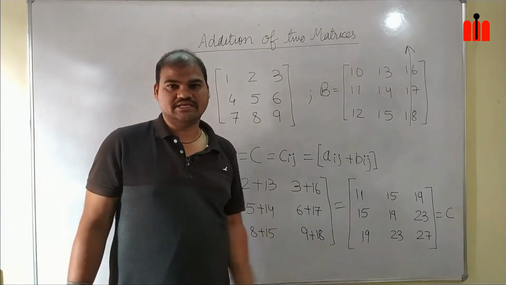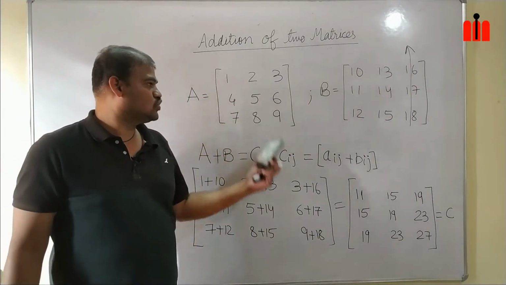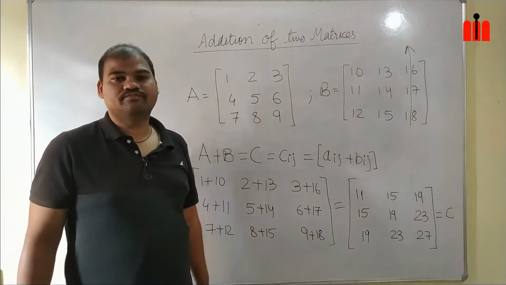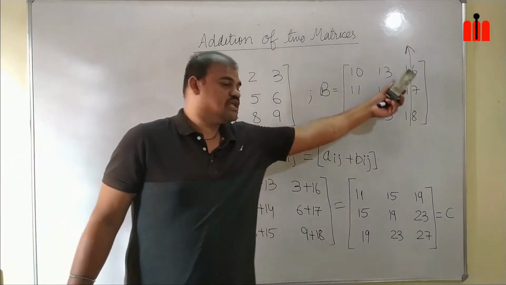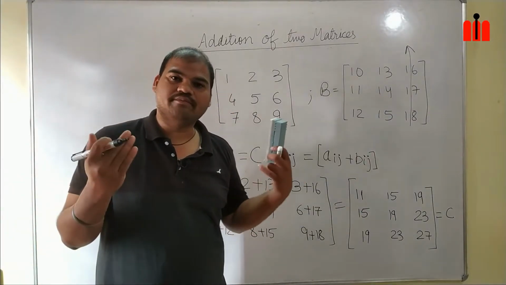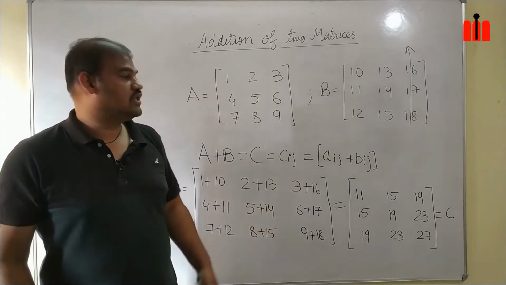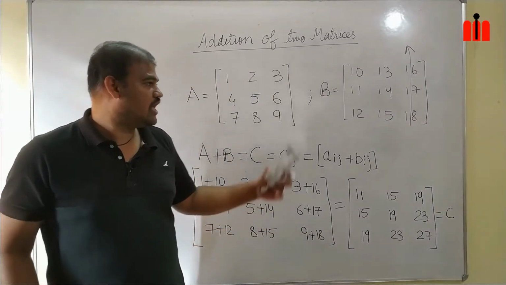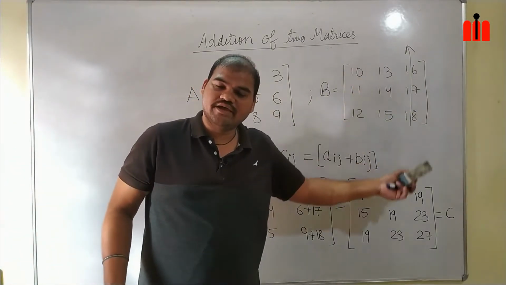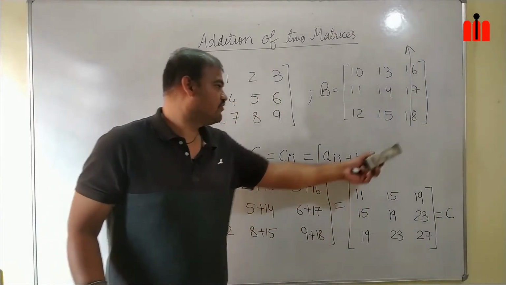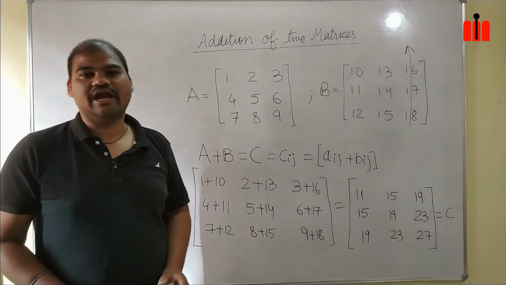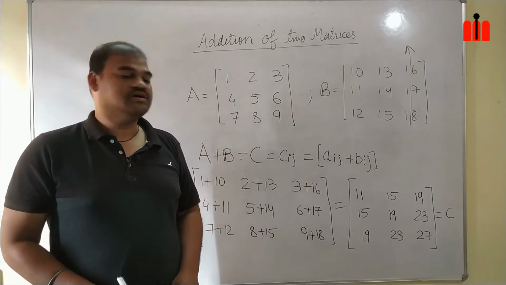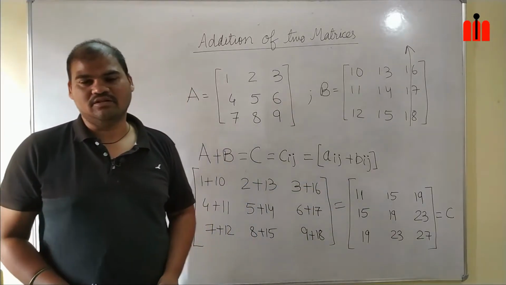In these two matrices, up to these 2 columns we can find the corresponding elements, but for the third column we will not find the corresponding element, because the third column in matrix B is not there at all. Third column elements of matrix A do not have corresponding elements in the third column of matrix B if this column is entirely omitted and the size of matrix B becomes 3 by 2. Hence the addition is not possible.